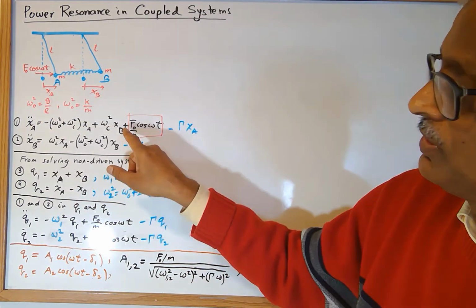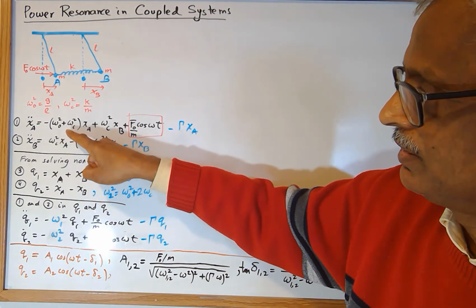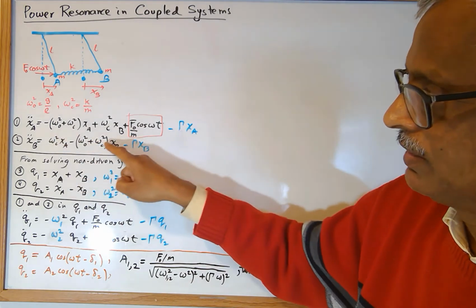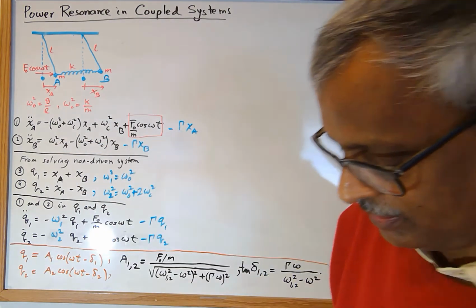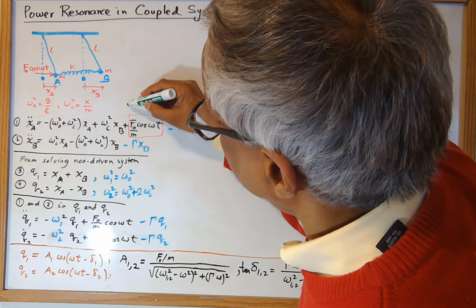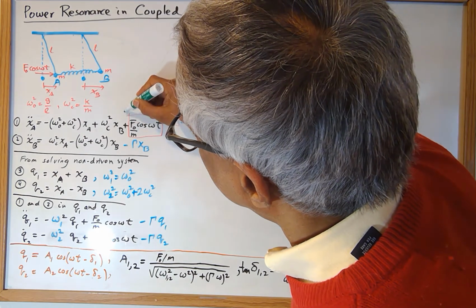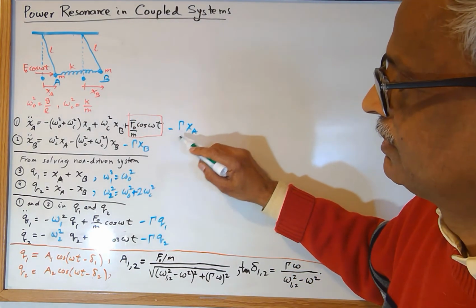When you write out the equation of motion, you go for the acceleration of A. You're going to get the same thing as the coupled case. This is the same old problem, except I put the damping out here.